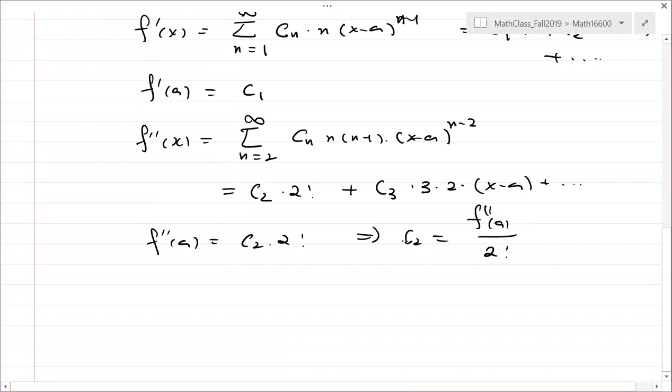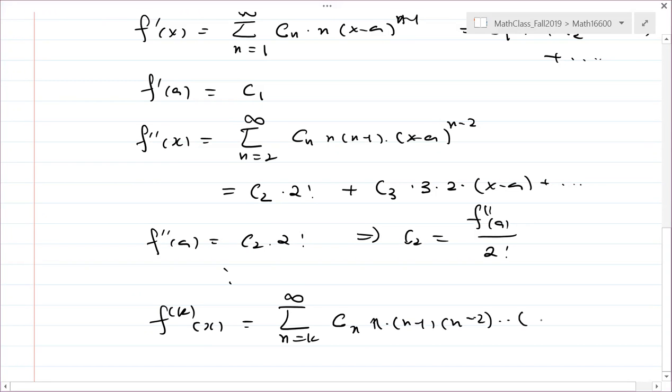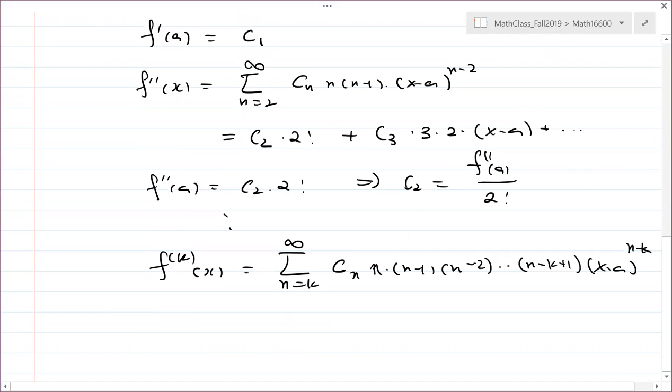In general, for the k-th derivative, n should start from k, and it's c_n times n times (n minus 1), all the way to (n minus k plus 1), times (x minus a) to the n minus k.